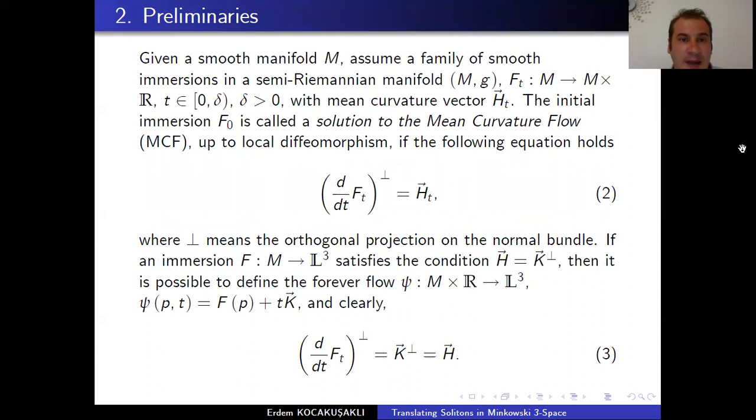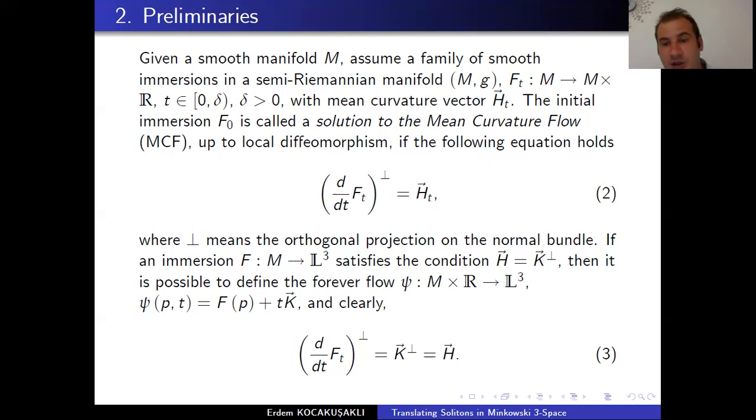Let M be a smooth manifold and let F_t be a family of smooth immersions in a semi-Riemannian manifold with mean curvature vector H_t. F_0 is called a solution to the mean curvature flow if the following equation holds, and F satisfies the conditions.